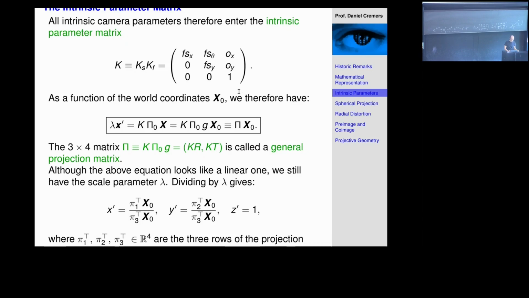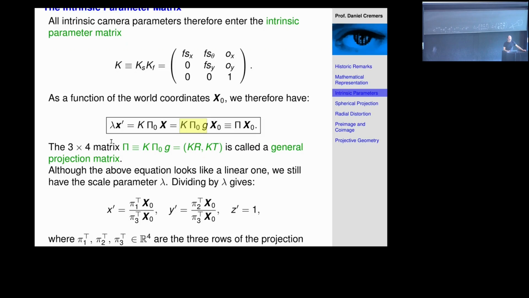And we saw that as a function of world coordinates x0, the projection to pixel coordinates looks like that. There is a matrix pi. This is a 4 by 3 matrix, or 3 by 4, whatever. So a matrix that transforms this 4D world coordinate vector into pixel coordinates. And this matrix large pi is basically a rigid body motion 4 by 4, the standard perspective projection, and this intrinsic parameter matrix.